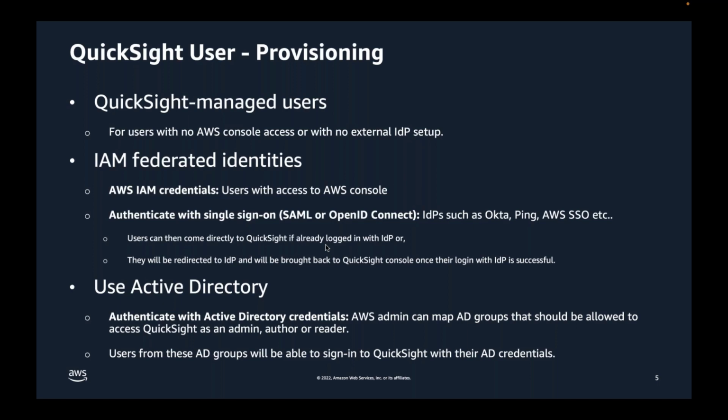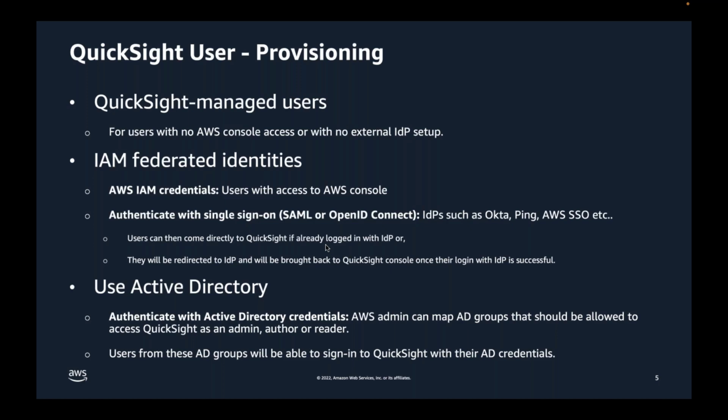No other provider is involved in between, and you simply don't have to set up anything. You basically use QuickSight to manage your user base. Users get added to QuickSight by inviting them via email, and I'll show that as well.